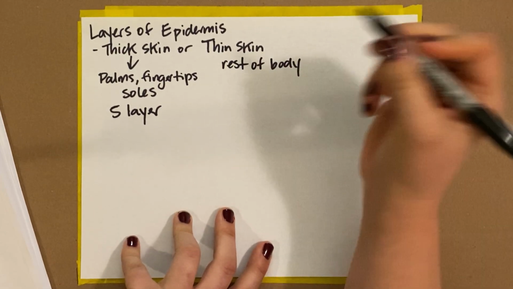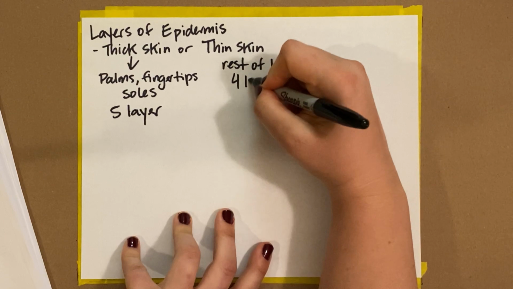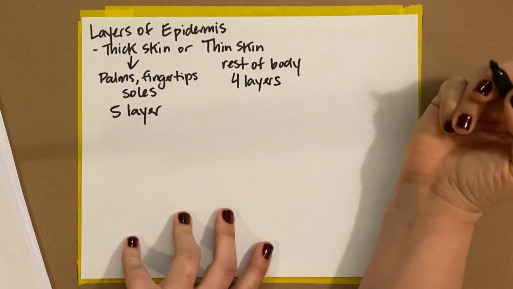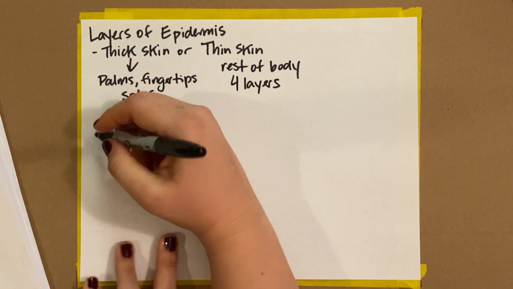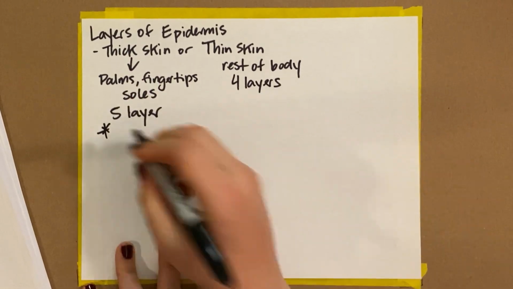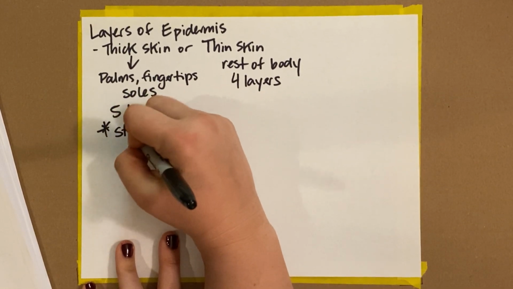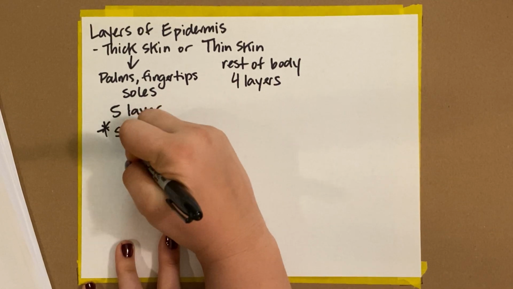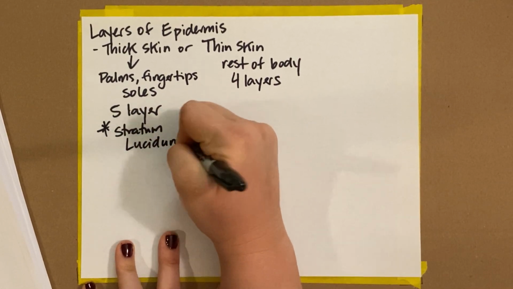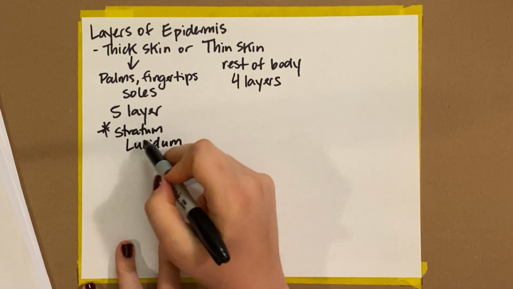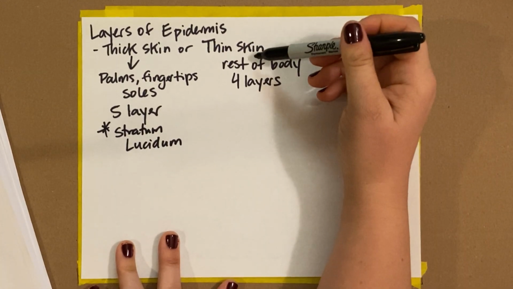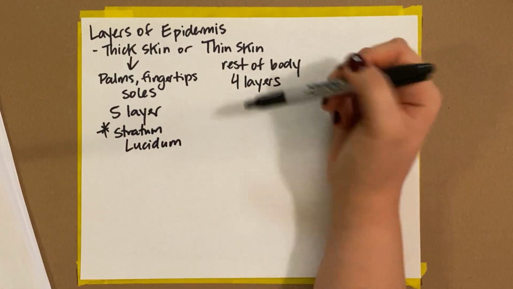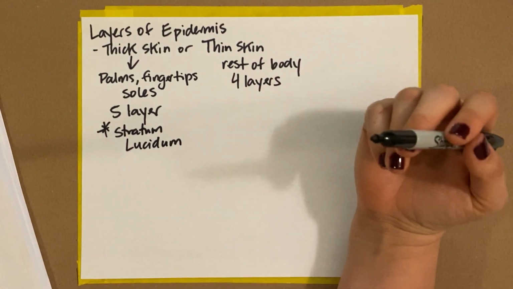Okay, and it is going to have 4 layers. Okay, and the layer that's going to be not here, but it's here, we'll just put this star. This is going to be the stratum lucidum. Okay, so this is the type that's only found in thick skin. Okay, thin skin does not have the stratum lucidum. It's going to have all the other ones, except for this one.